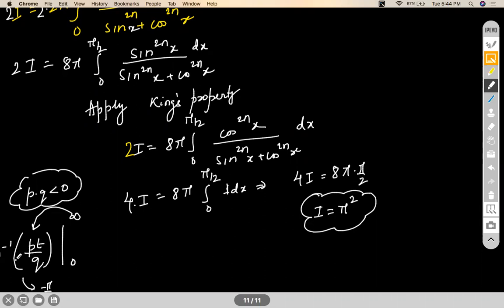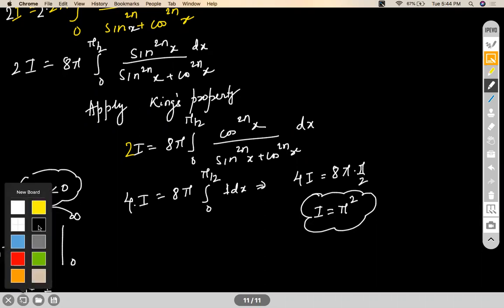So the next question that I would like you to solve is integral... let me check if I have any.